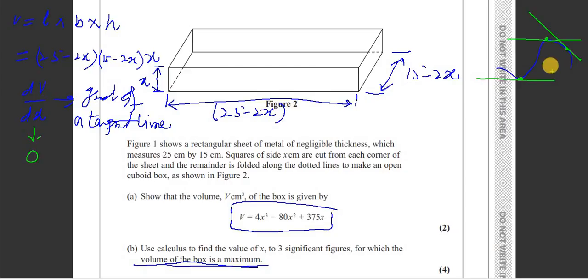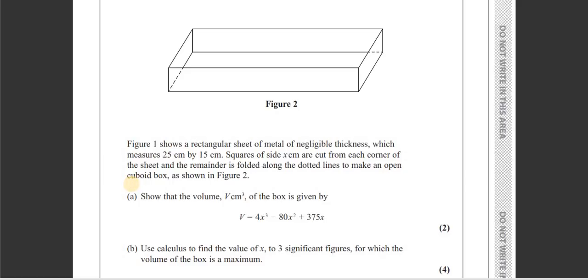This is the idea that we always use whenever they talk about maximum and minimum. So we differentiate V first, equate dV by dx to 0, and figure out the values of x, and then we see what is coming next. So the first step is differentiate. Okay, so let's differentiate.